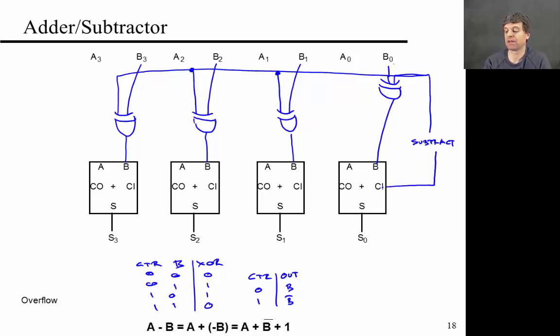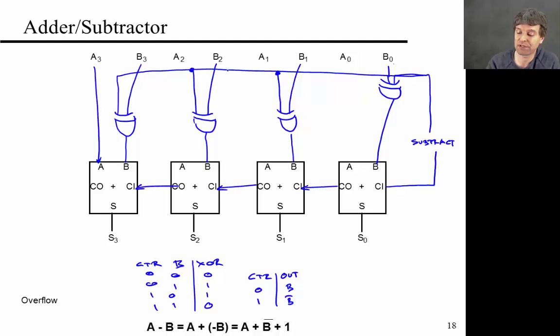Now if subtract is true, this carry in can just be the value 1, which gets fed in here, and that's like adding 1 to this number, which is exactly what we need to do. Everything else stays the same.